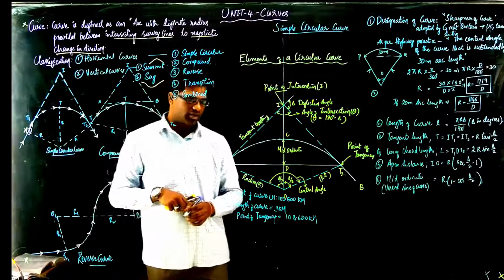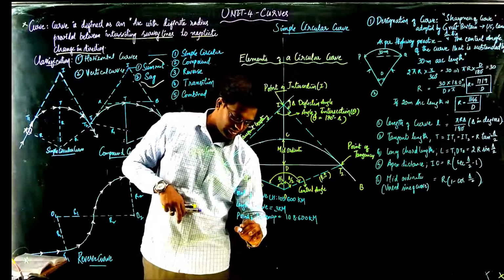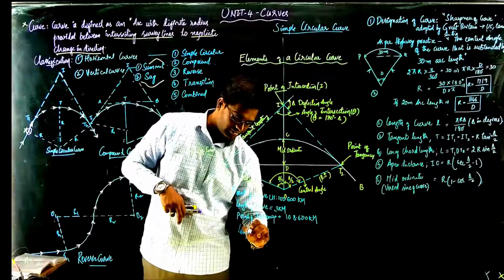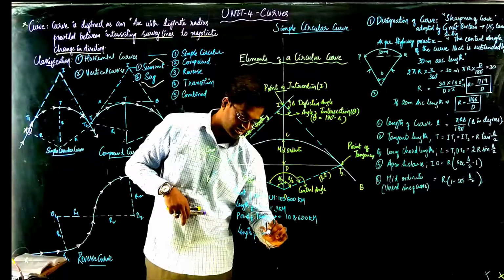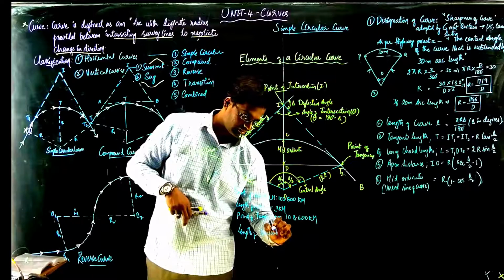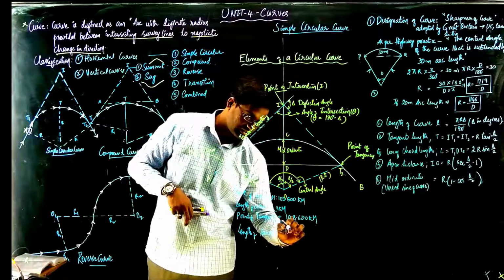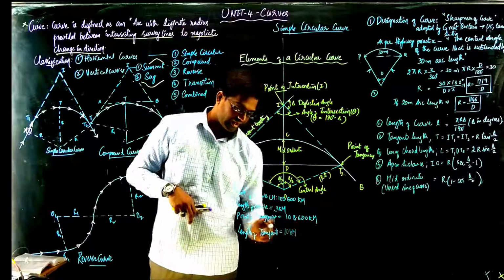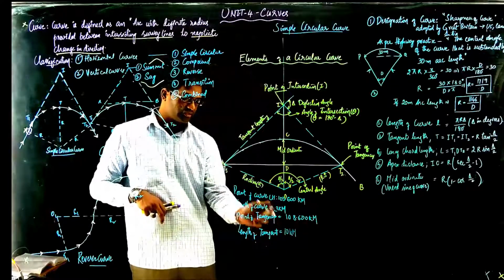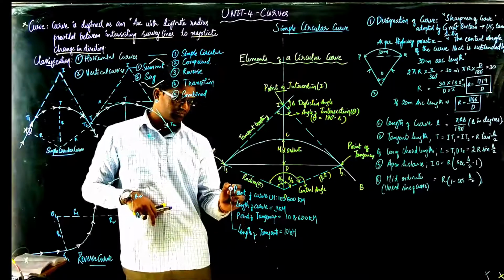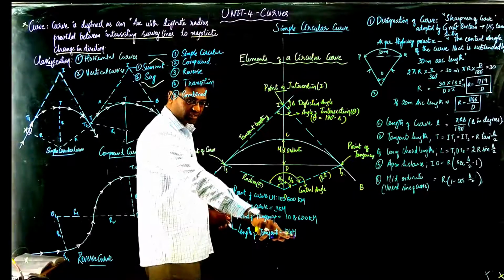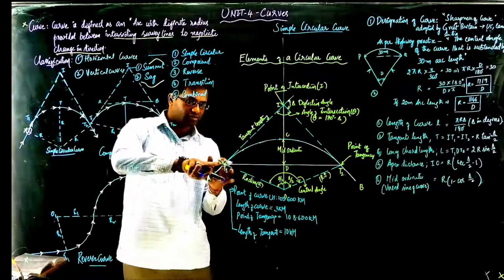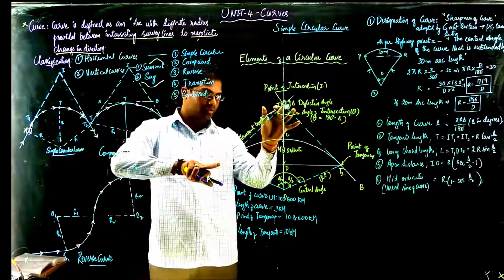Fine. Now, if I know the tangent length as 10 kilometers, and if I add the 10 kilometers tangent length to the point of curve, where do I reach? I reach the point of intersection.